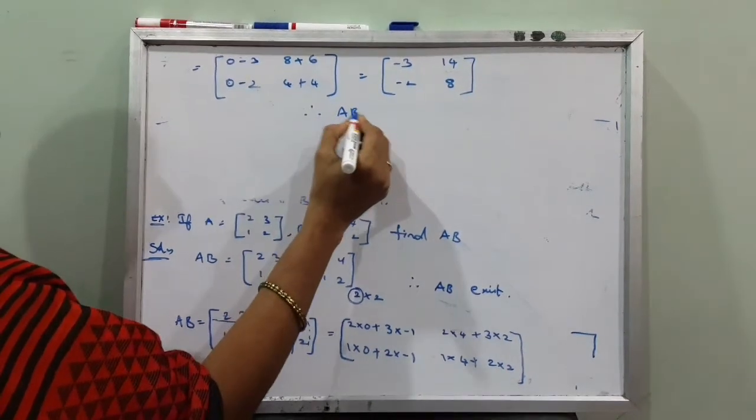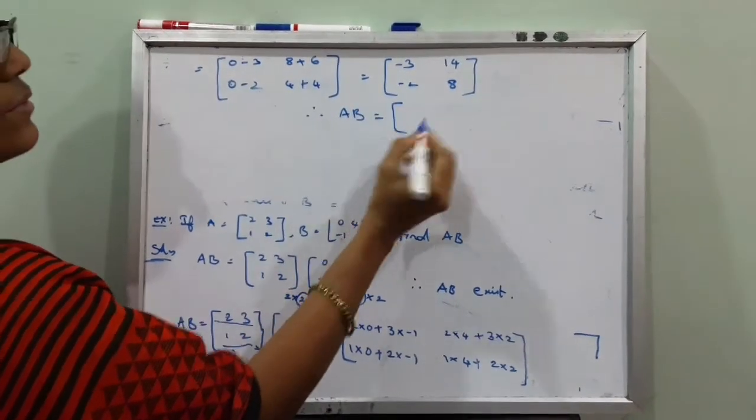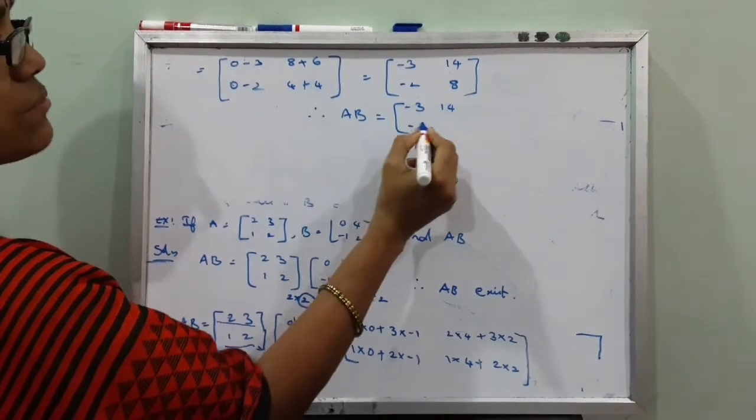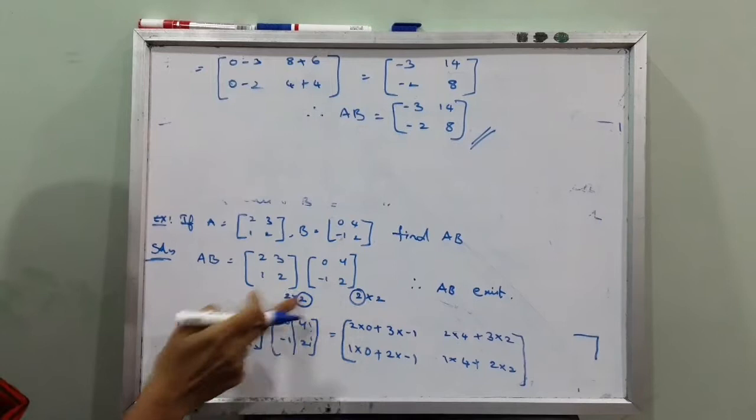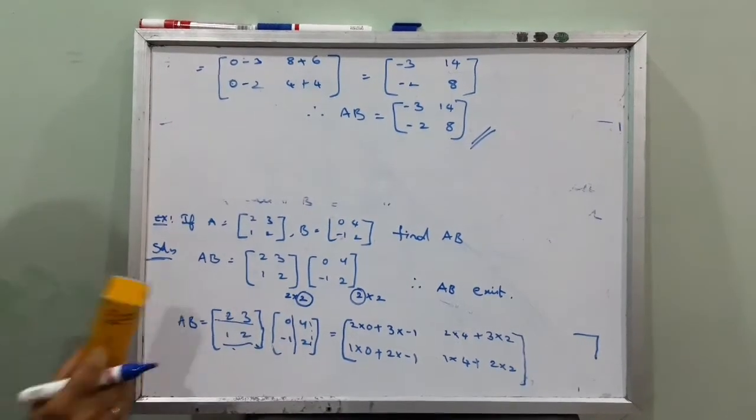Therefore, the product of A and B, AB, is minus 3, 14, minus 2, 8. This is the multiplication of 2 by 2 matrices.